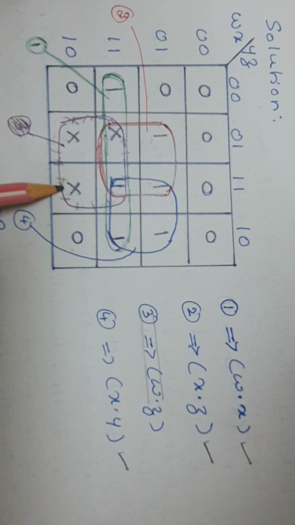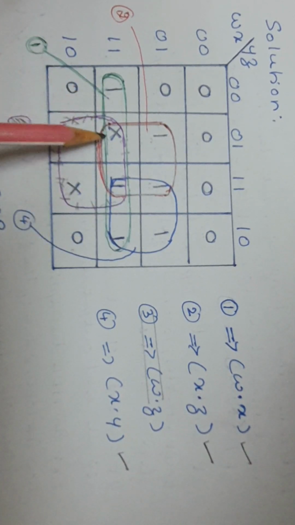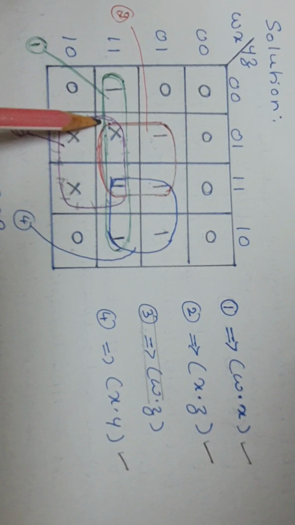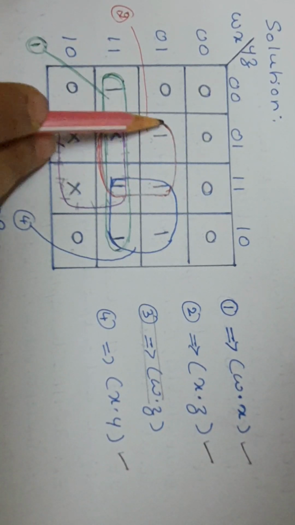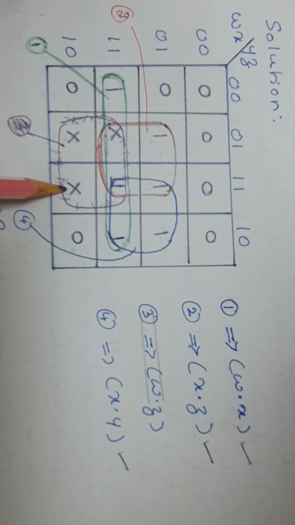Why is it not needed? To cover this 1, when we took this, we used this cross and it was treated as 1, and this don't care condition was also used for this quad. But these 2 are not required to cover any of the 1s. I have drawn it just to show that many might try to draw like this.